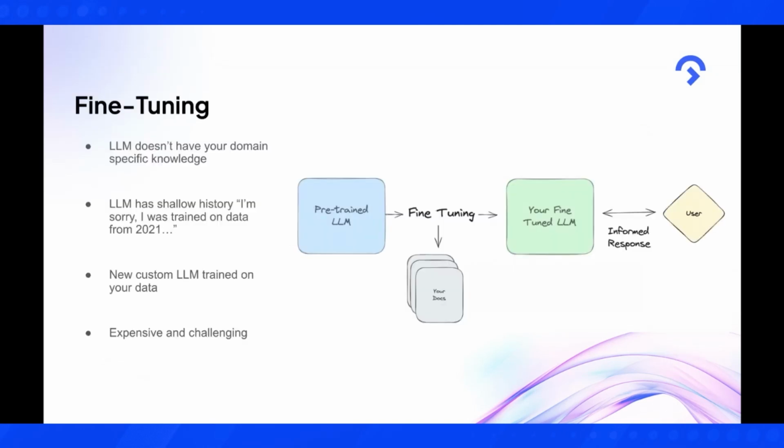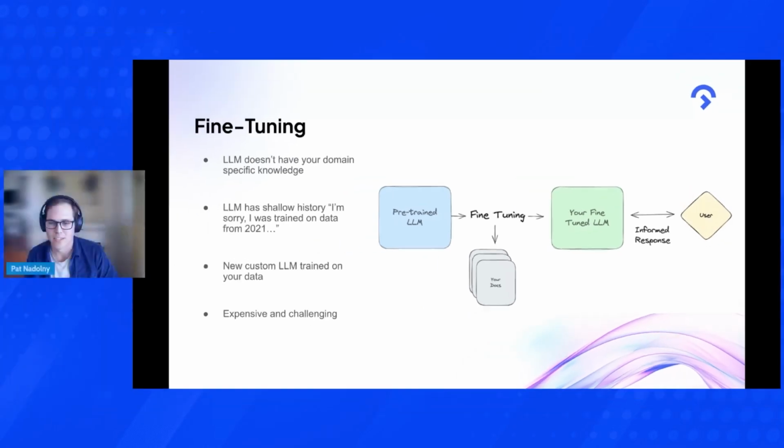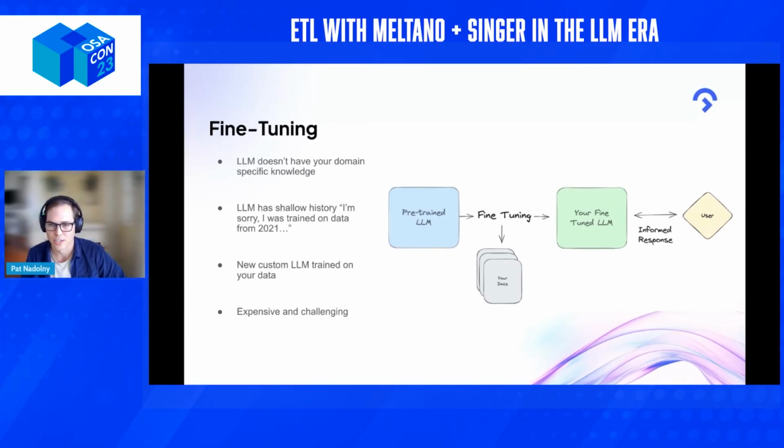So the first thing, as I start to dive into this rabbit hole, is the use case, or the difficulty with pre-trained models that exist, something like OpenAI's GPT models. It doesn't have your domain-specific knowledge, and sometimes you get responses like, I think we've all run into this, "Sorry, I was trained on data back in 2021." People were constantly running into this difficulty, and they were trying to figure out how it can understand your specific domain.